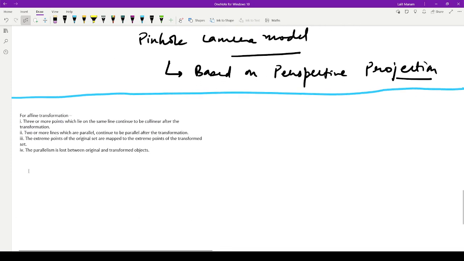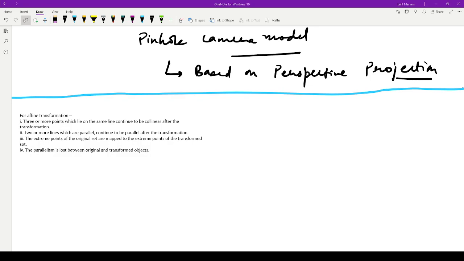If it's not, the image will be blurry, because the rays do not intersect at the image plane. If the rays don't intersect at the image plane, your image won't be sharp, right? Okay, sir. Thank you.